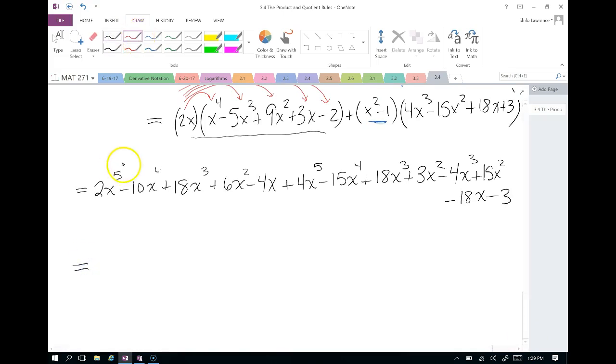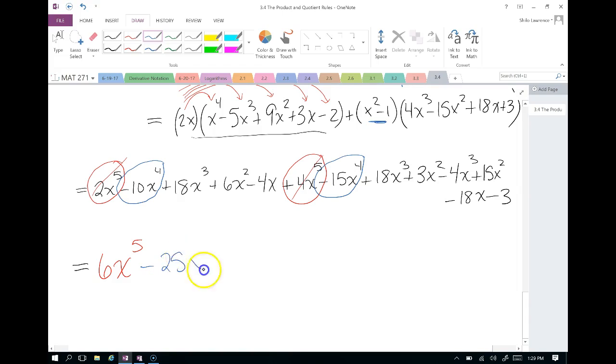So I've got multiple x to the 5th terms. Well, 2 of them. So I've got 2x to the 5th and 4x to the 5th. That combines to make a 6x to the 5th. And then I've got minus 10x to the 4th minus 15x to the 4th. Makes a total of minus 25x to the 4th. And then plus 18x cubed plus 18x cubed minus 4x cubed.